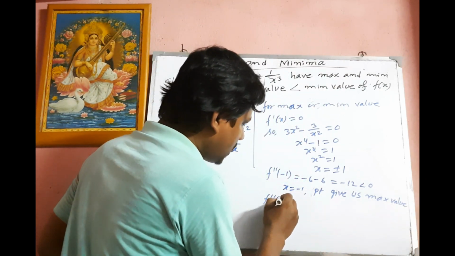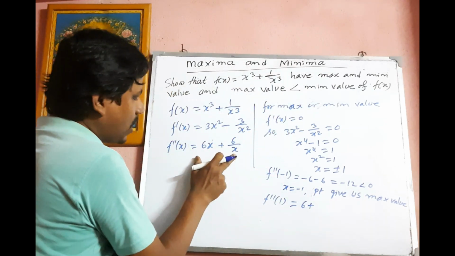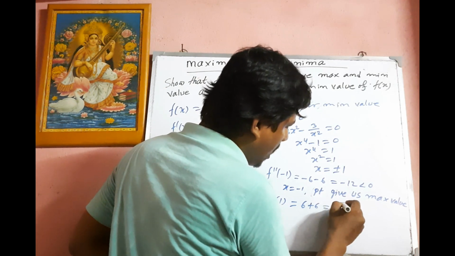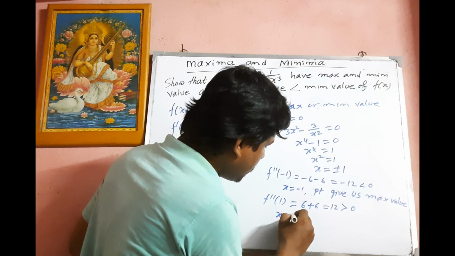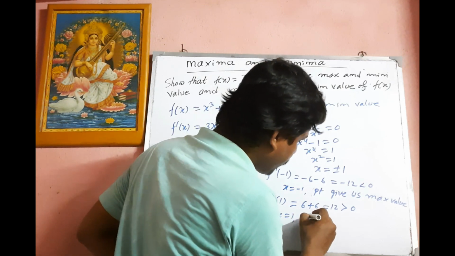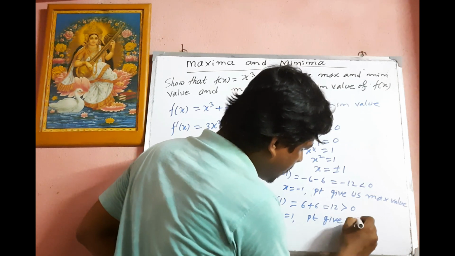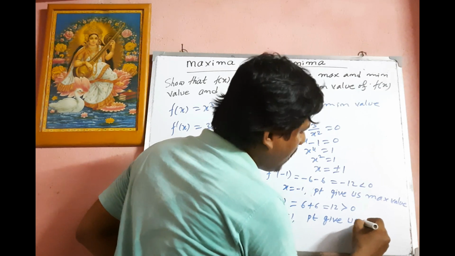And f double dash at 1, putting here the value of x, 6 plus 6, that is 12, greater than 0. So at the point x is equal to 1, the point gives us the min value, that is the minimum value.